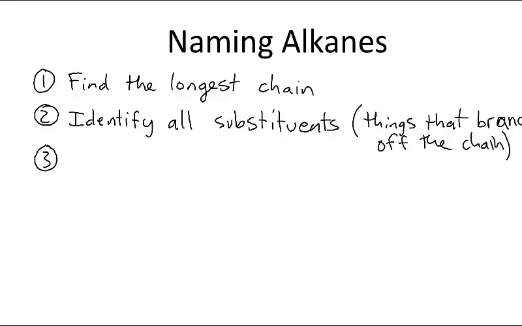And then you need to number your chain so that you can tell which carbon atom each substituent is branching from.